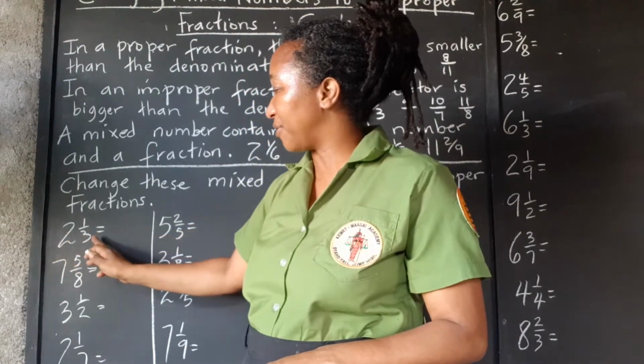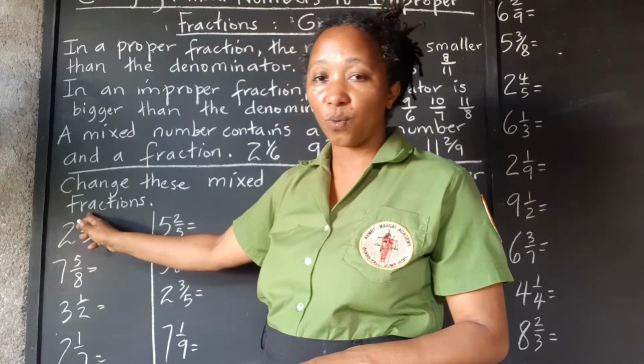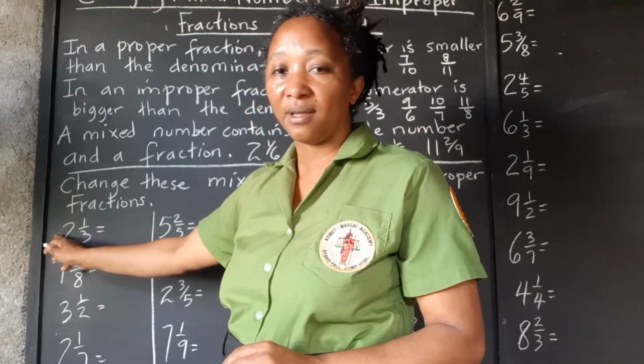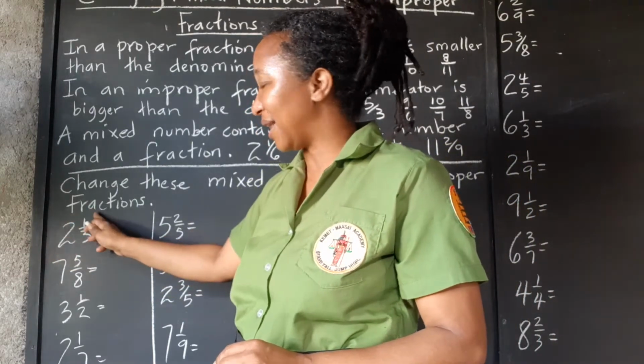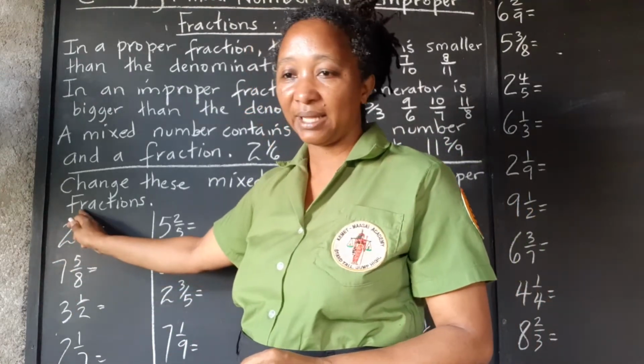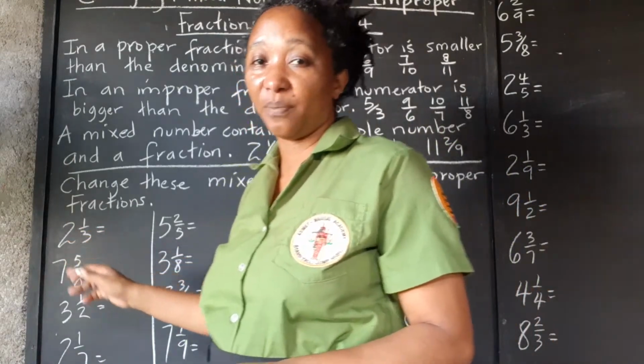So you're going to say 3 times 2, that's 6, plus 1, 7. So you multiply the denominator by the whole number and add the numerator. So multiply, add. And then you're going to put that answer back over the denominator.